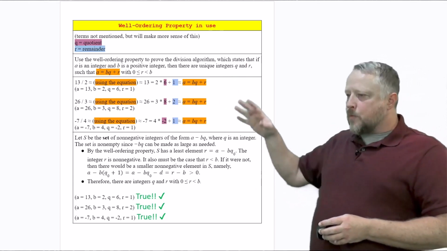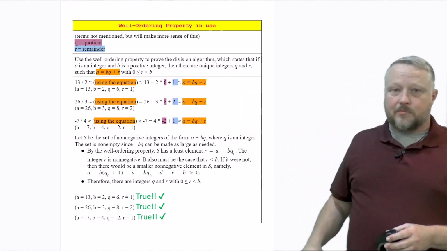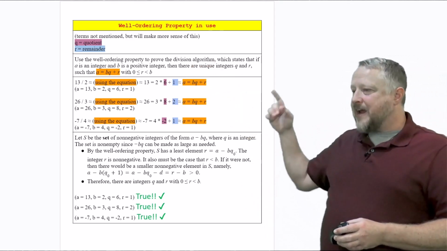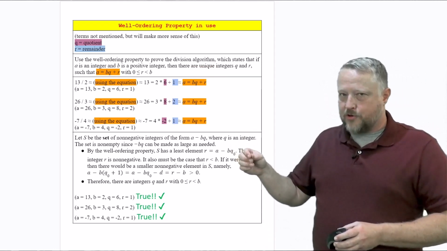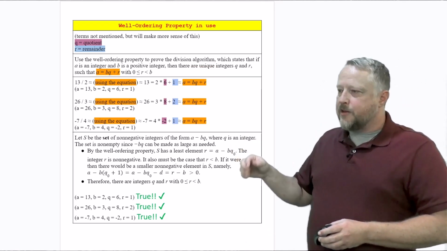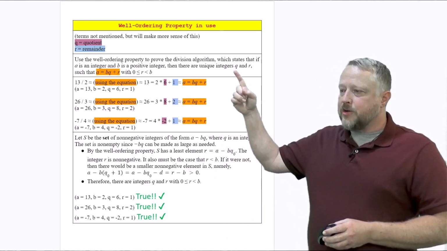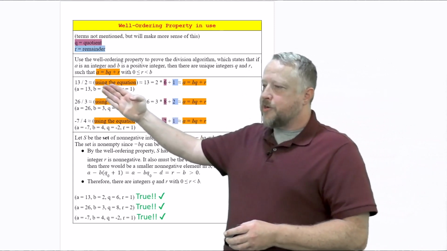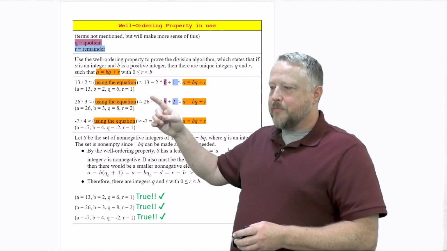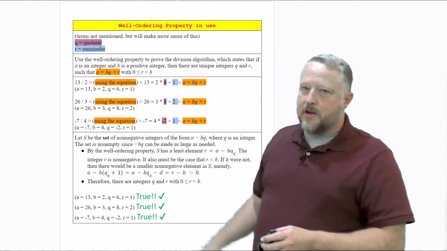In a proof of the division algorithm, it states that if A is an integer and B is a positive integer, we have to be careful about that, then there will be unique integers Q and R, which are the quotient and the remainder, such that we have this equation where at all times R is greater than or equal to 0, but B is greater than R.